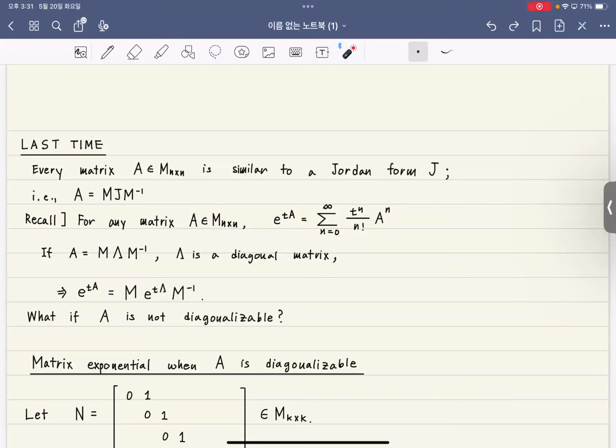Why are we so interested in the Jordan form? Computation of the Jordan form in practical engineering and science is not a really good idea because it takes too much computation, and the algorithm is not stable.